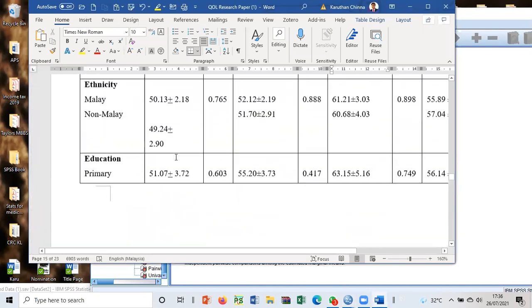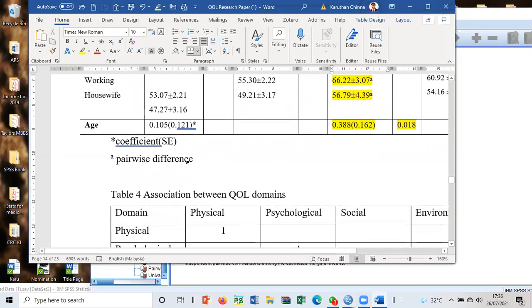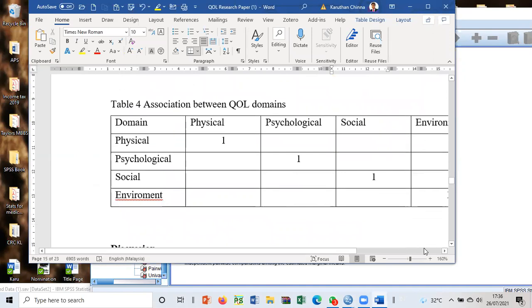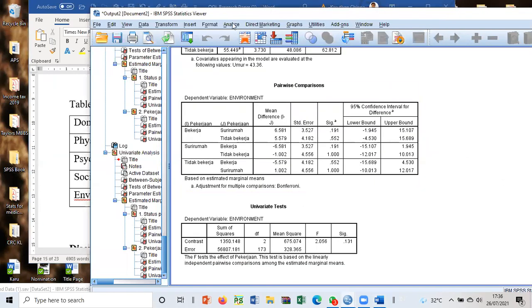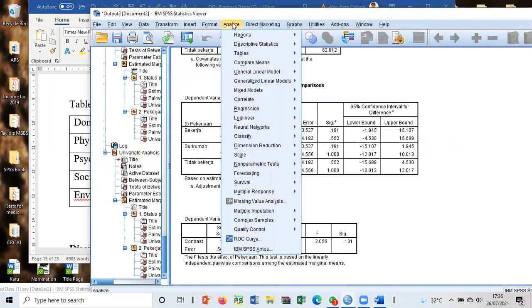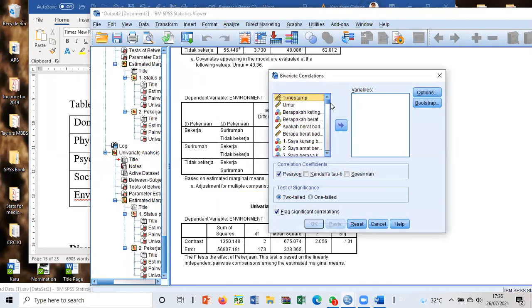Is it okay, this table now? All right, let's go to correlation. Any problem with the correlation? Yeah, we forgot how to do it. Okay. So for correlation: analyze, correlate, bivariate. That means comparing two variables at a time.